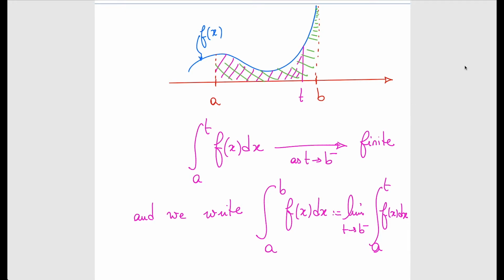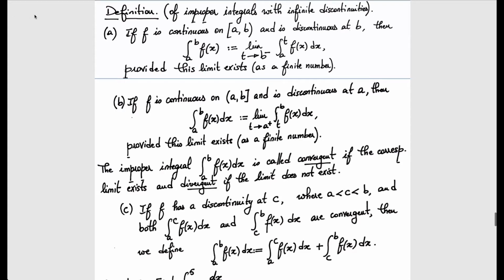Okay, so let's read the definition that pertains to this. It's a definition of improper integrals with infinite discontinuities.